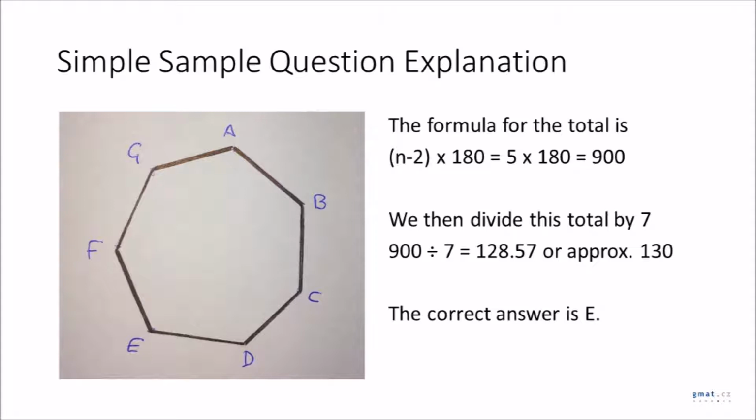A, B, C, D, E, F, G would be, for example, 7 vertices, and it's 7 minus 2, times 180. You then divide that by 7, so it's 900 divided by 7 gives you 130. So in other words, the approximate size of one of the internal angles is 130. Answer choice E.